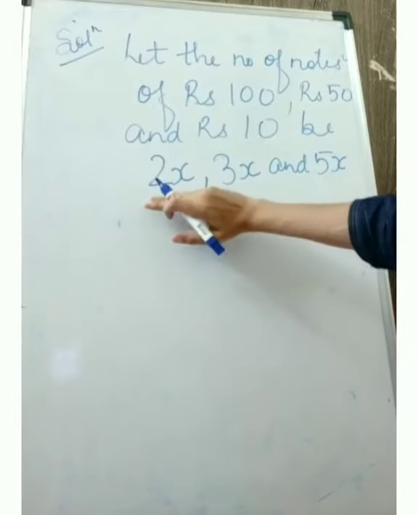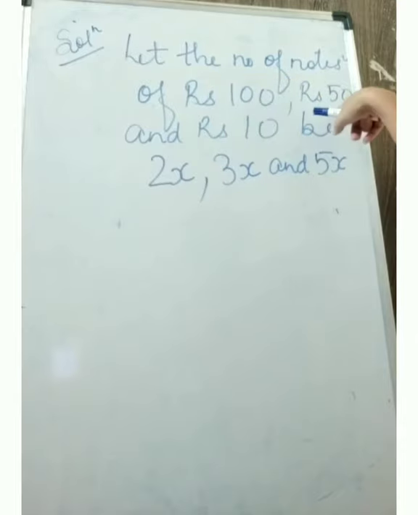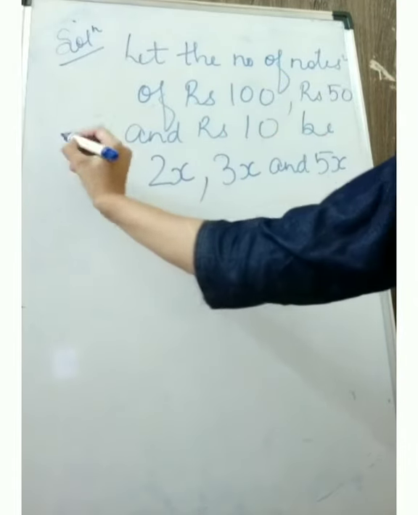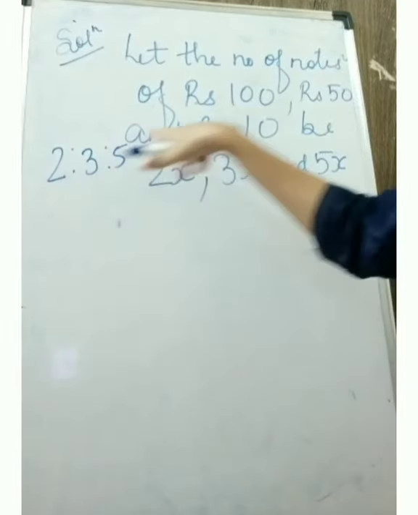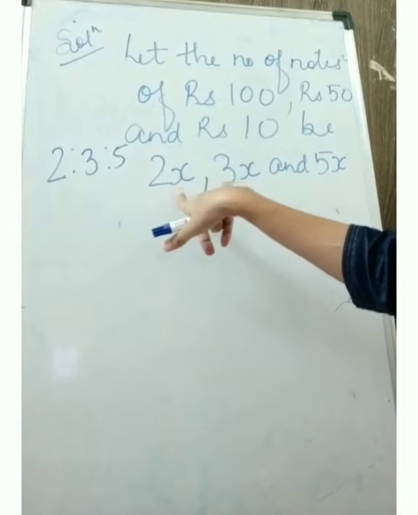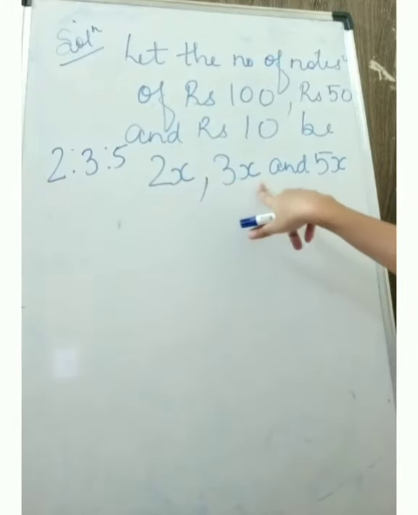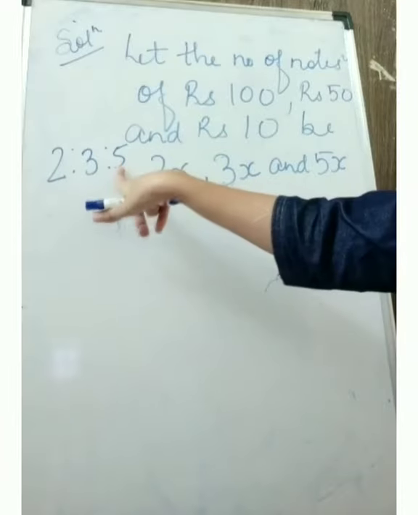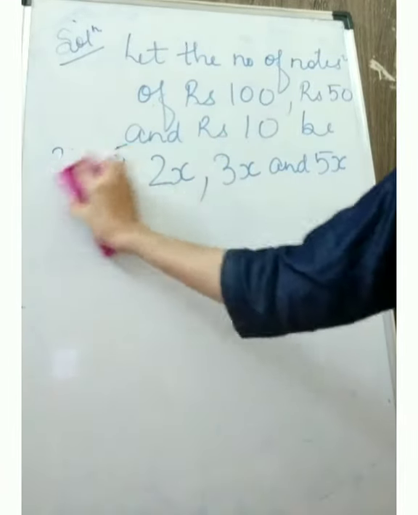Why have I written 2x, 3x and 5x? Because rupees 100, rupees 50 and rupees 10 are in the ratio of 2:3:5. So first one, rupees 100 in the ratio of 2, that is why I have written 2x. Next was 3, that is why I have written 3x. And the last one was 5, so I have written 5x.